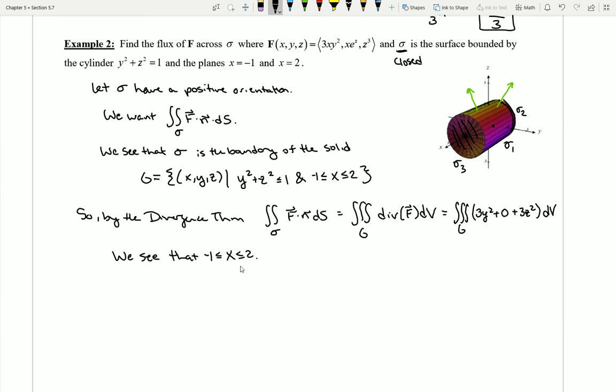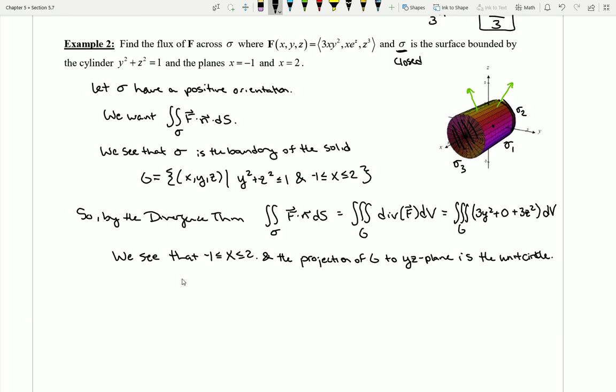And the projection of G to the YZ plane should just be the unit circle, right? Because I had already here a circle with radius 1.